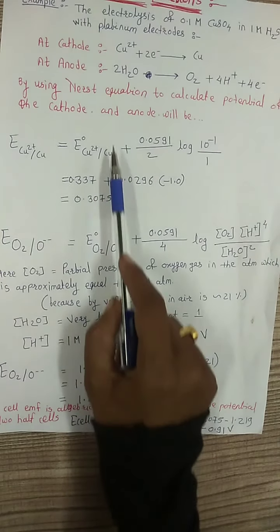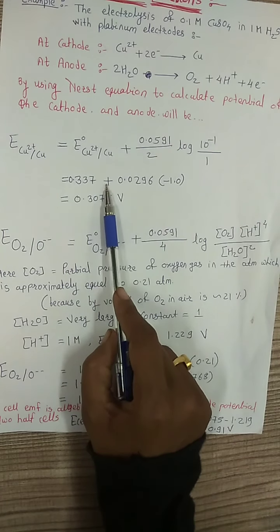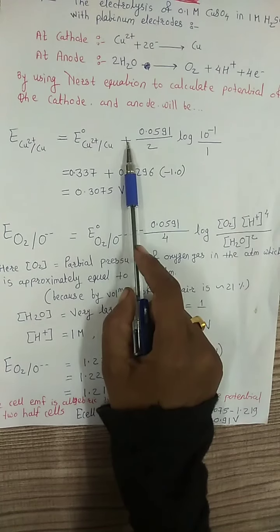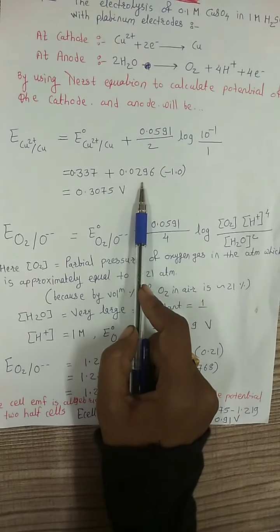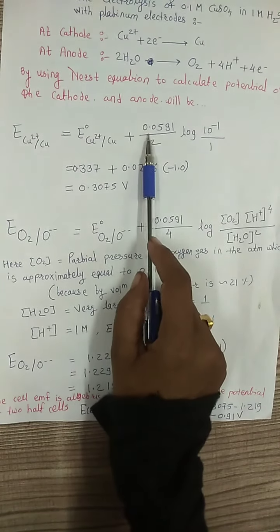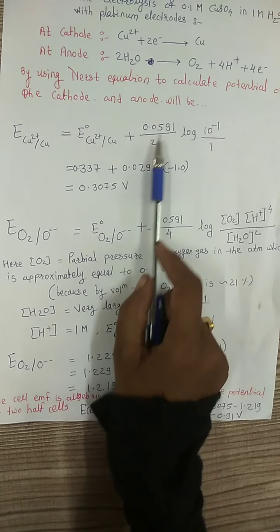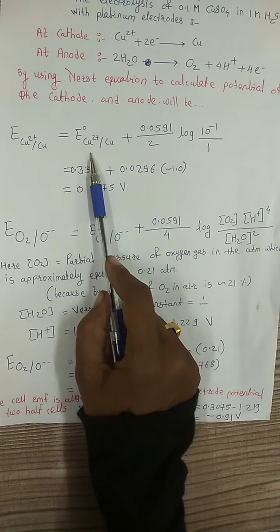So put the value of the standard electrode potential 0.337 plus the division of 0.0591 divided by 2, we are getting 0.0296.